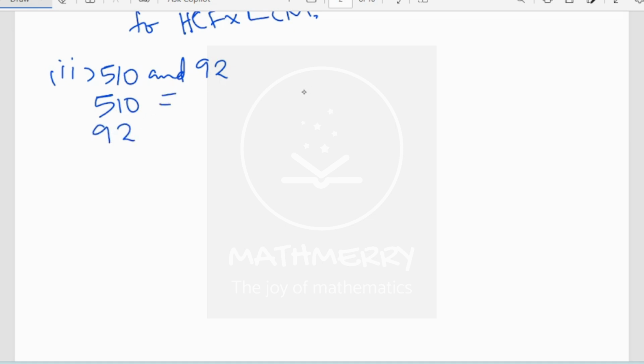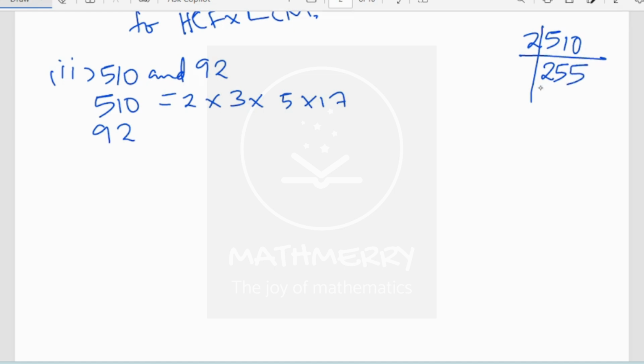So here 510, so when you factorize, you will get 2 into 3 into 5 into 17. I hope you remember how to factorize. So if we are taking 510, when you divide it with 2, what you will get? You will get 255.